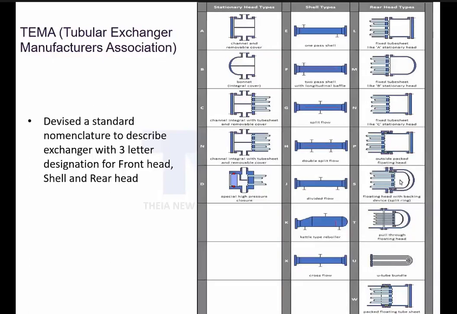Then comes S. S is most preferable. For highly toxic chemicals and highly flammable chemicals, we will be using only S. So whenever you see S, remember this is very costly. It's a floating head, and the chemicals may be hazardous or flammable.